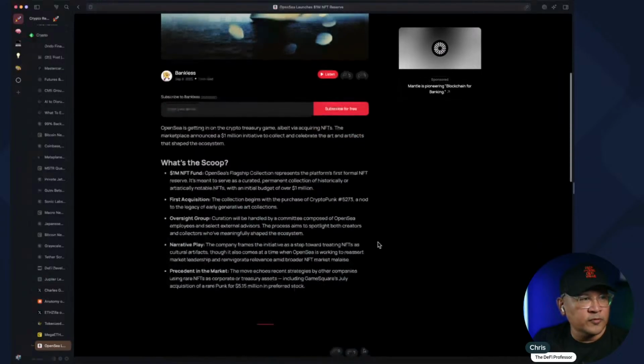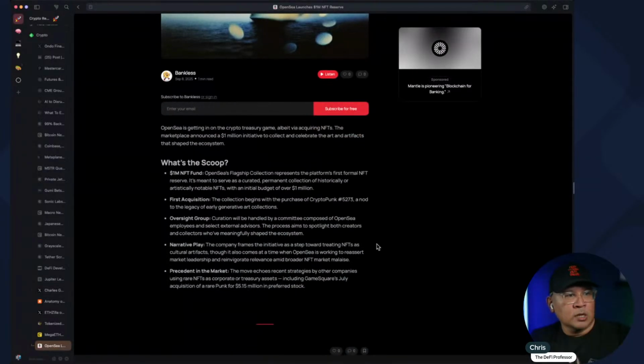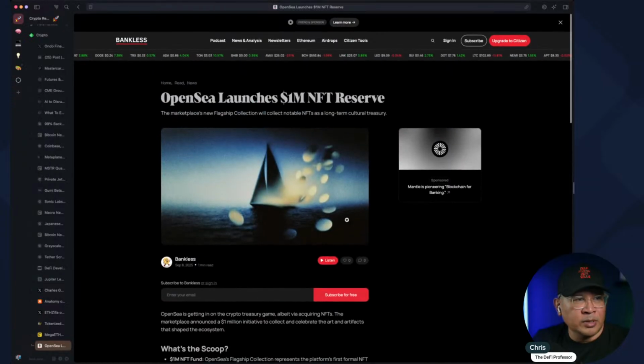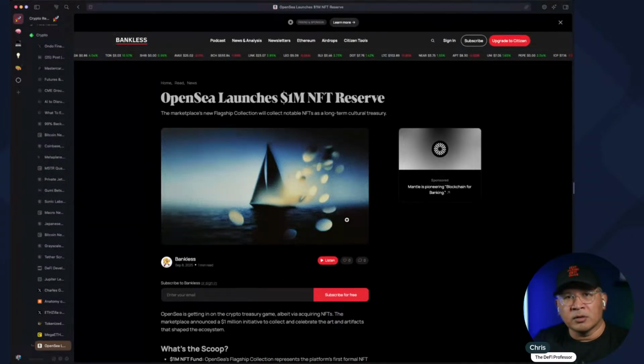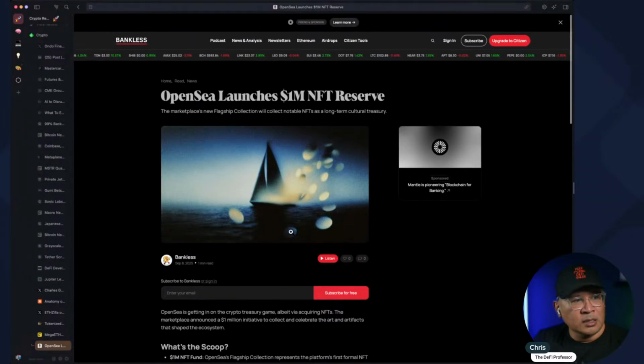$1 million reserve. Collection begins with the purchase of CryptoPunk number 5273. So this means, I would think that they're going to buy Pengu or Pudgy Penguins, Milady, Moonbirds, maybe even a Doodle, the squirrely thing, and maybe some other high value NFTs that have long-standing floors and stuff like that.